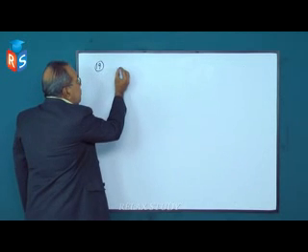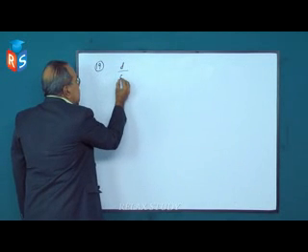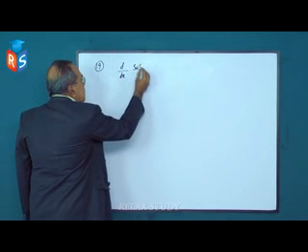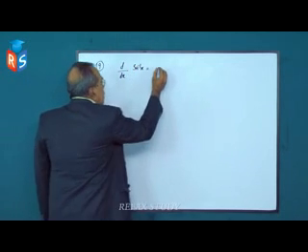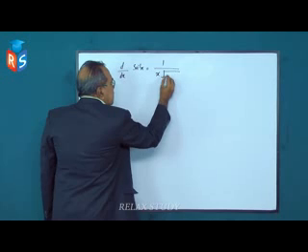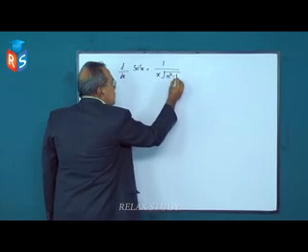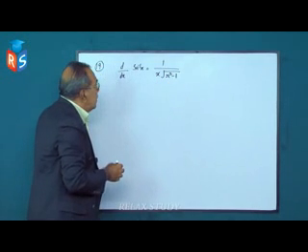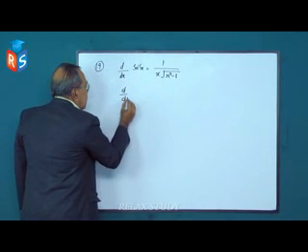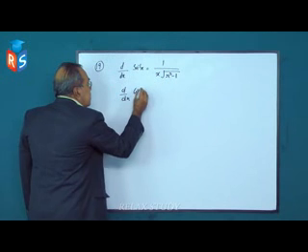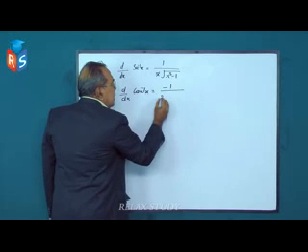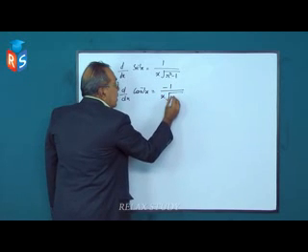d by dx of sec inverse x is equal to 1 by x root x squared minus 1. Also, d by dx of cosec inverse x is equal to minus 1 by x root x squared minus 1.